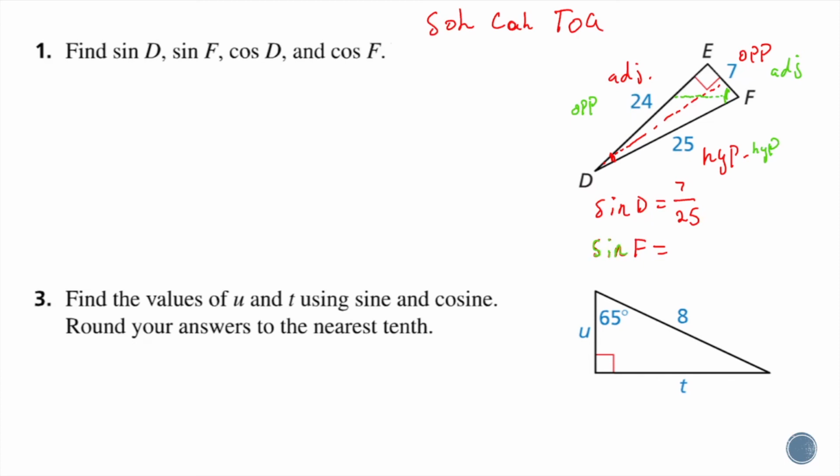So sine of angle F is equal to the opposite over the hypotenuse. So 24 over 25.